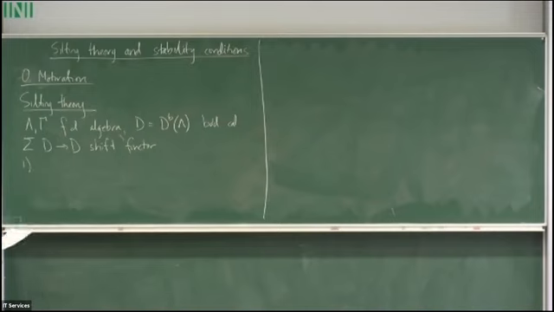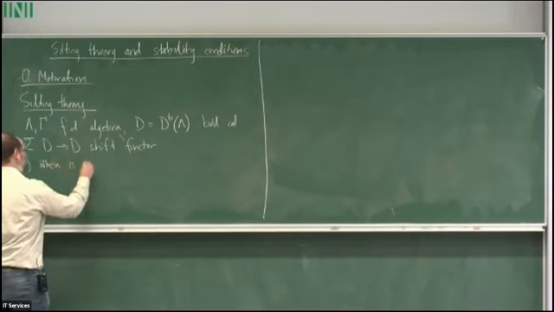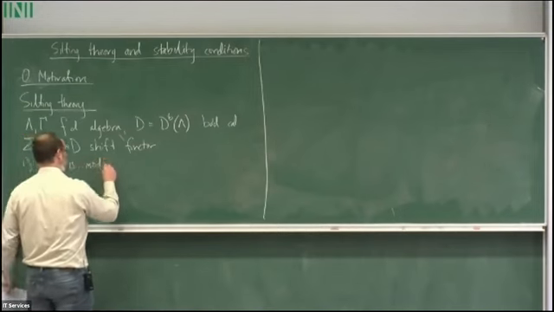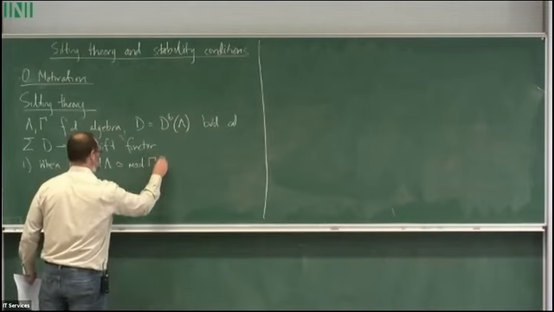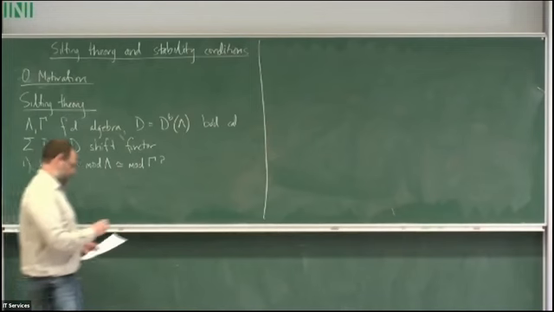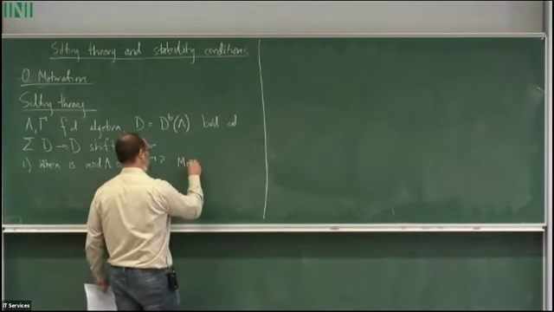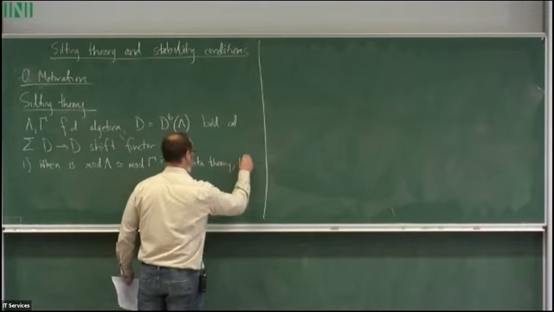Question 1: when is the module category of Λ equivalent to the module category of Γ? The answer to this question is called Morita theory, and this goes back to the 1960s.